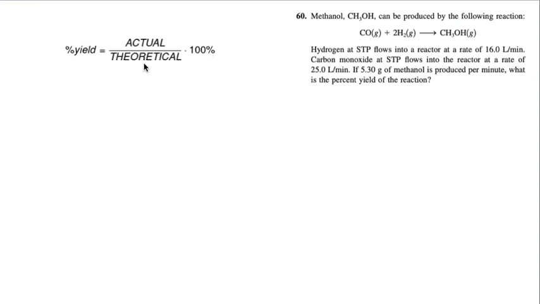And of course, we should convert that to grams. So based upon whichever is the limiting reagent, we can then calculate the grams per minute of methanol produced. But that would not be the actual. So notice if actually 5.3 grams of methanol is produced per minute, we're then being asked to solve for the percent yield, and percent yield would be the actual divided by the theoretical.